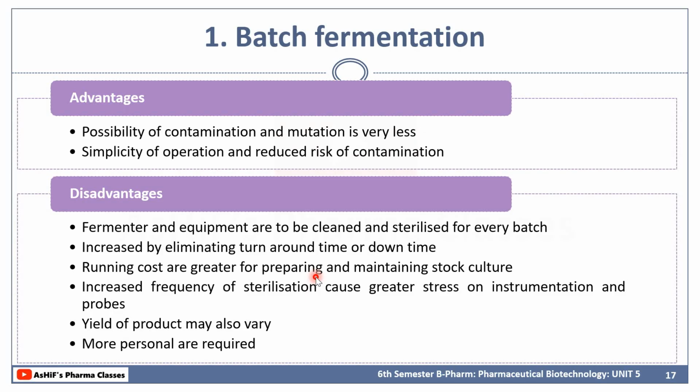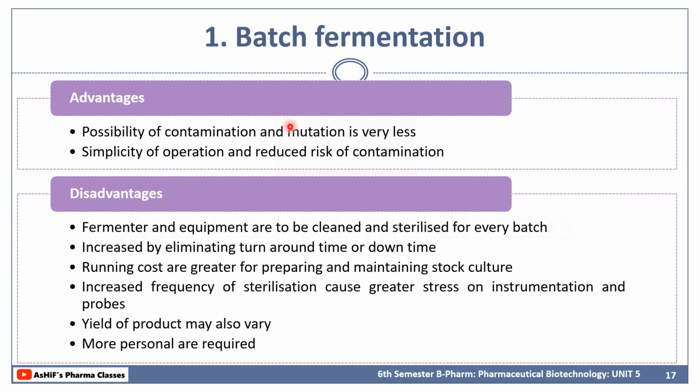Now let's see what the advantages as well as disadvantages of this batch fermentation process are. Basically, the advantage is we can reduce contamination because we are going to inoculate only one required microorganism, and that too during the initial stages of the fermentation process. Then we will close it.